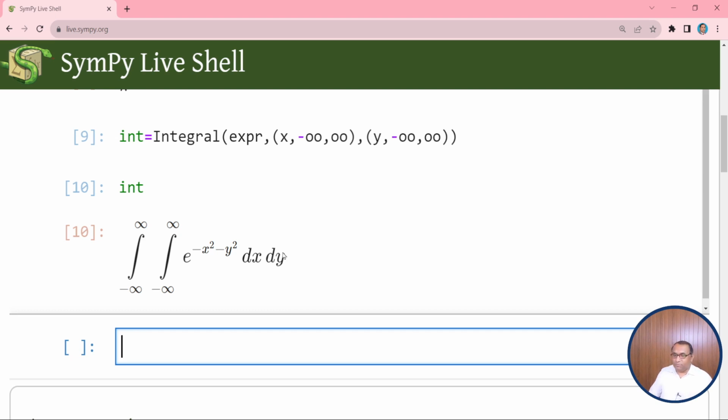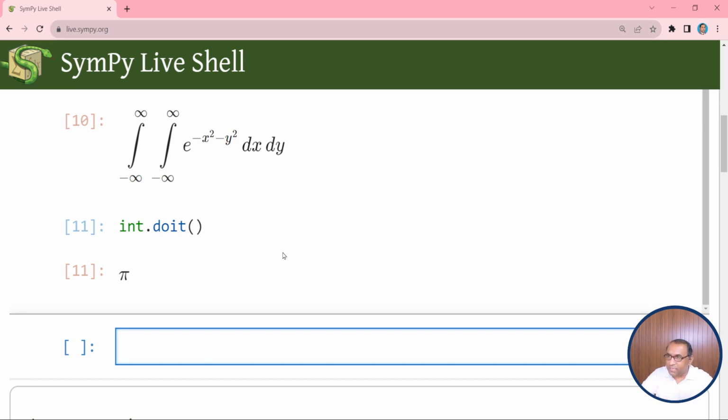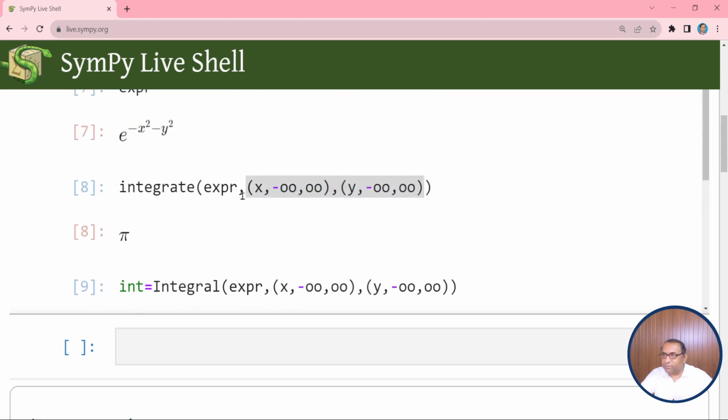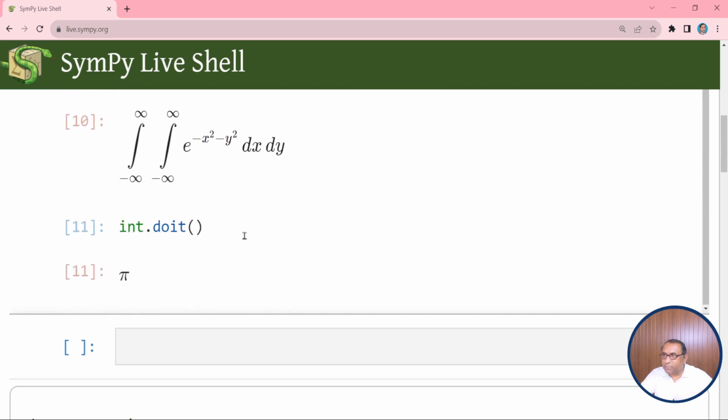If you want to simplify, again we will use the int.doit function for further simplification, and when you enter, you will get the same answer as we found for the first statement. So the answer for this statement as well as for the other statement is the same, because we have two different ways for this type of computing.